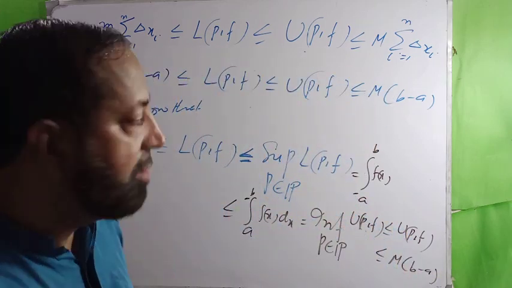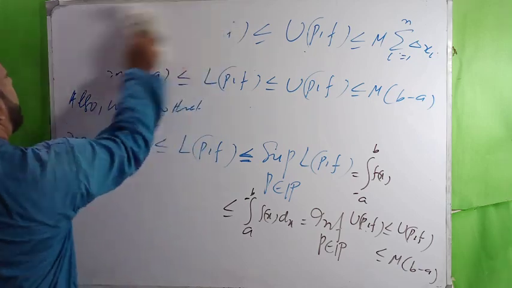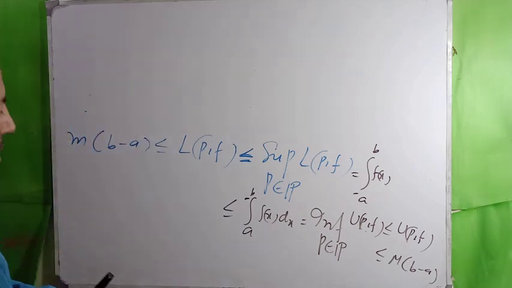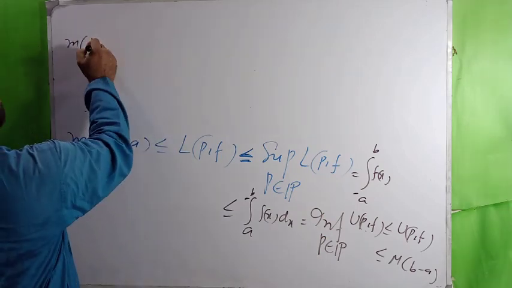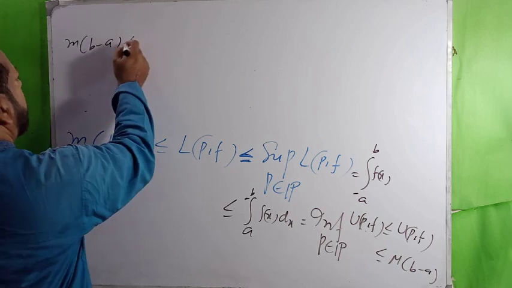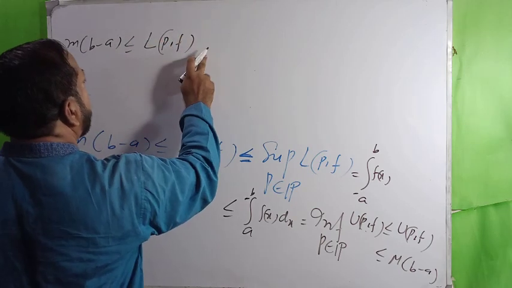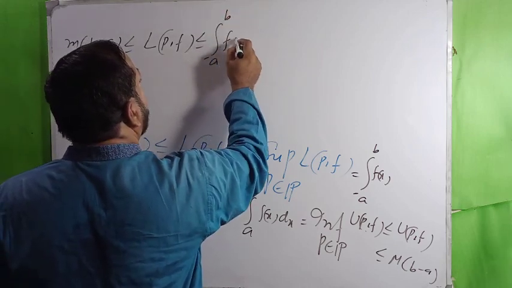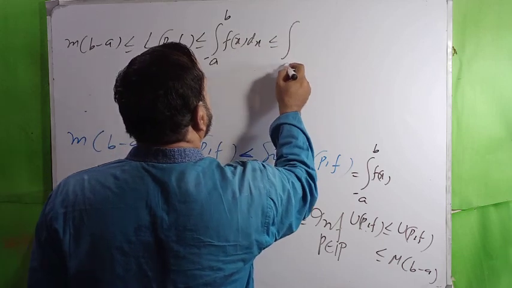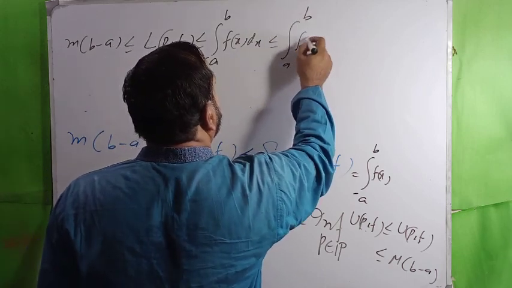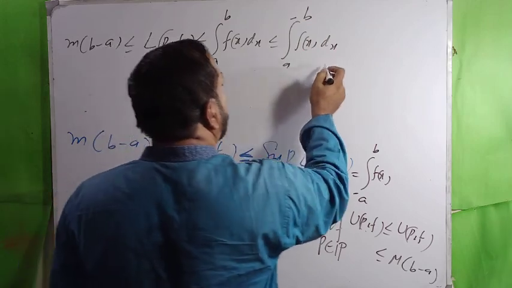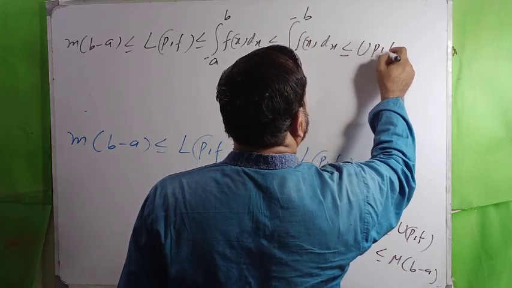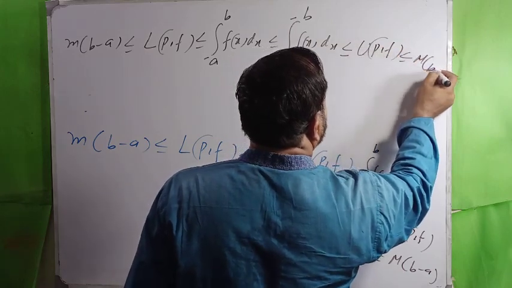Now you can rewrite this inequality again to see what we have done. m into (b minus a) is less than or equal to L(P,f), which is less than or equal to the lower integral from a to b of f(x) dx, which is less than or equal to the upper integral from a to b of f(x) dx, which is less than or equal to U(P,f), and which is less than or equal to M into (b minus a).